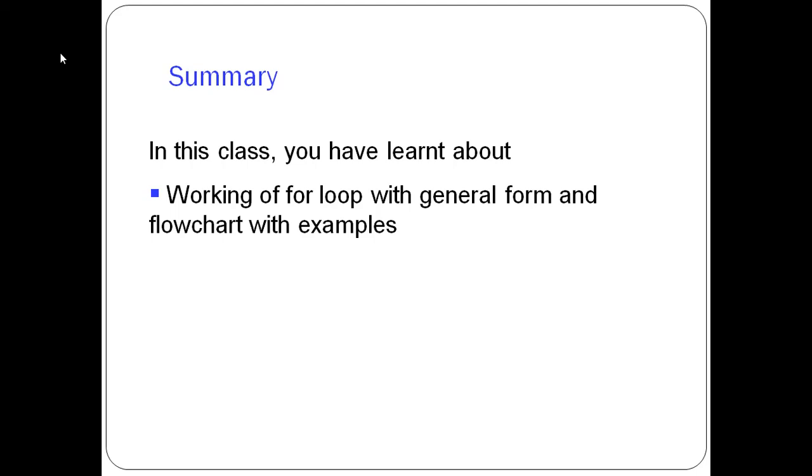In the second part, we write the condition. By checking that condition, it enters the loop if it is true, and if it is false, it exits from the loop. In the third part, we use the expression, either increment or decrement, depending upon the situation. This is the main difference between the for loop and the while loop.